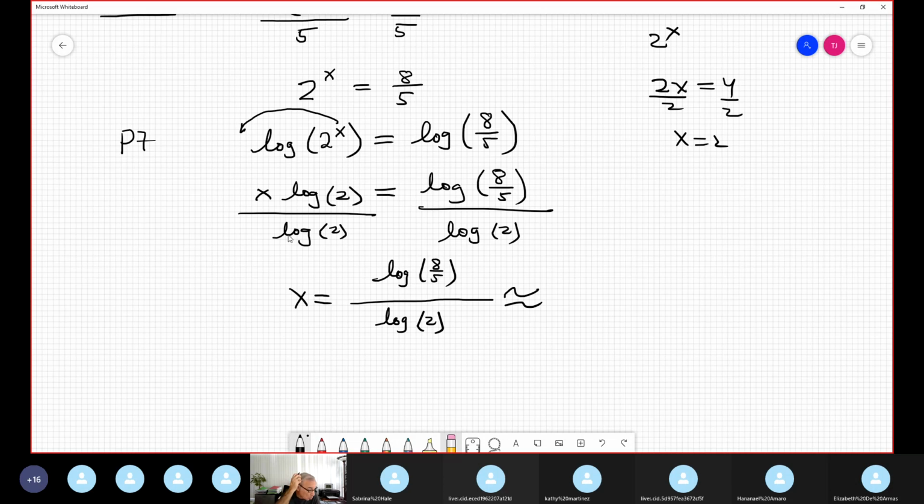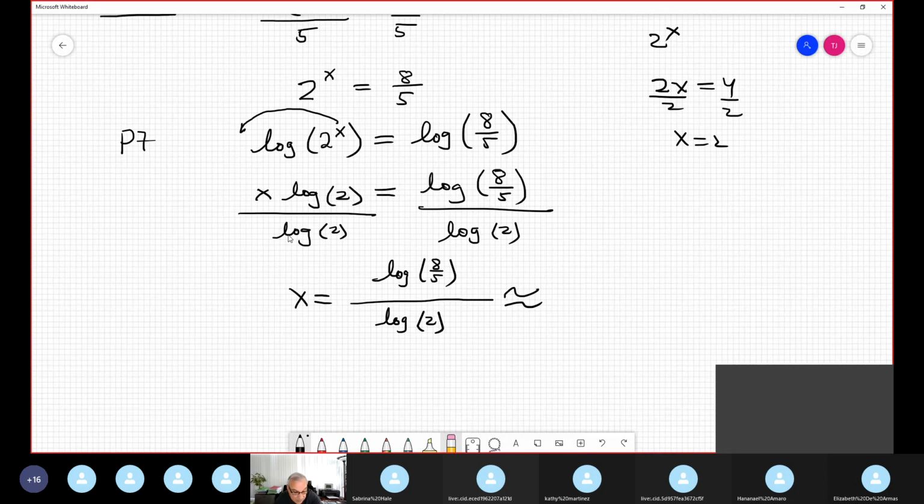But in the test, no. In the test, I want the approximate answer. Then I put in my calculator: clear, log, inside the parenthesis a divided by 5, close the parenthesis, division, logarithm again of 2, close the parenthesis and press enter. Bam! I got it. I have the answer.